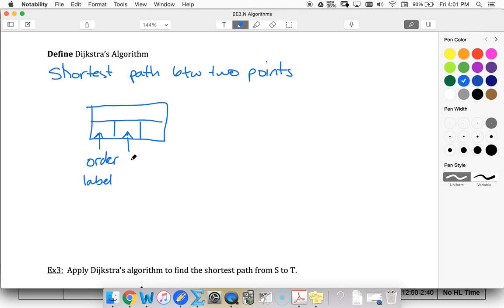In this box here, I'm going to write my distance from the start. And this box here, I'm going to write the vertex that I came from. And these are all going to be my permanent labels.